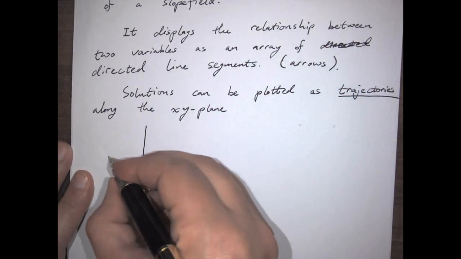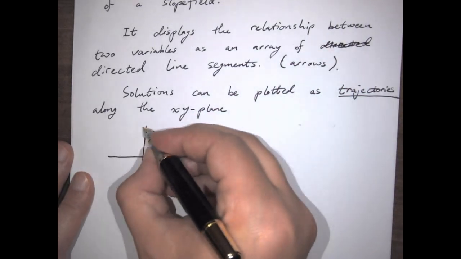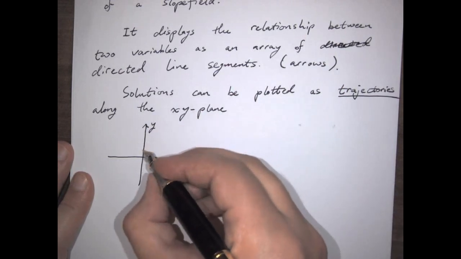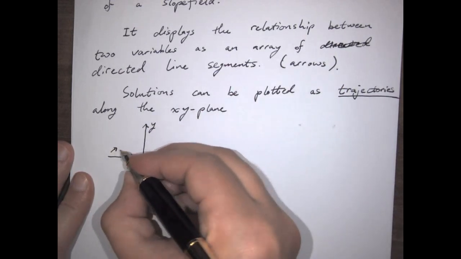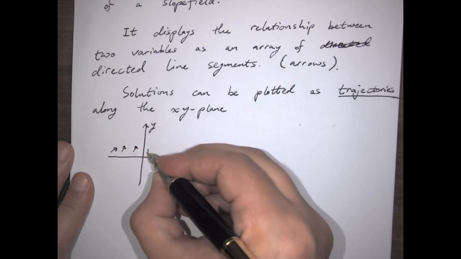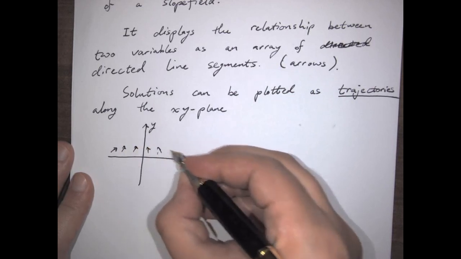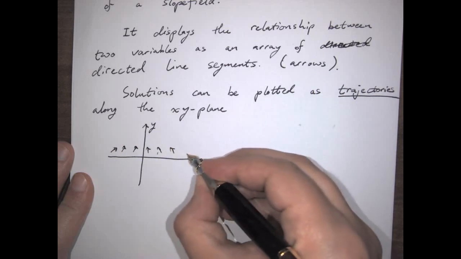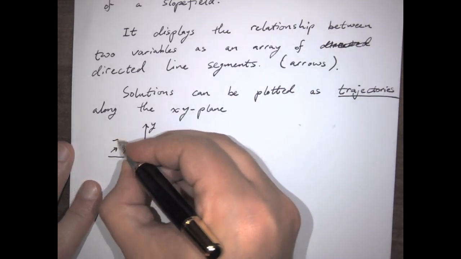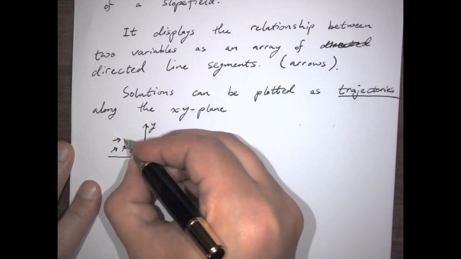And what these look like is something like this. So we have y going this way, we have x going this way, and we have maybe a system of arrows going like so, and maybe one more row going like this.